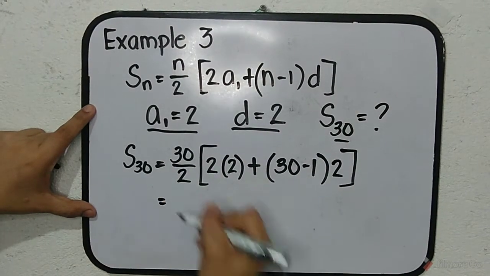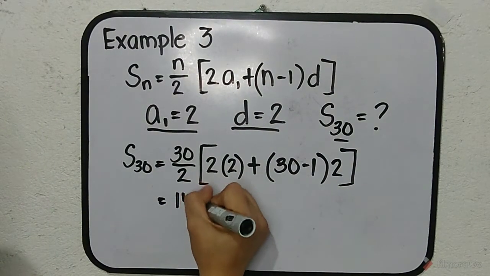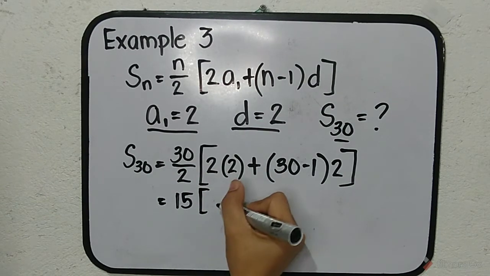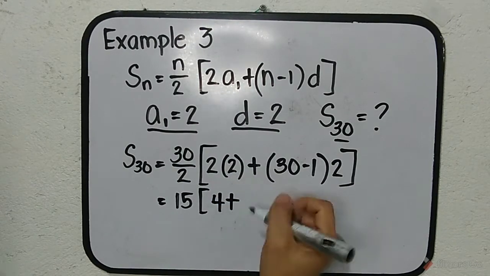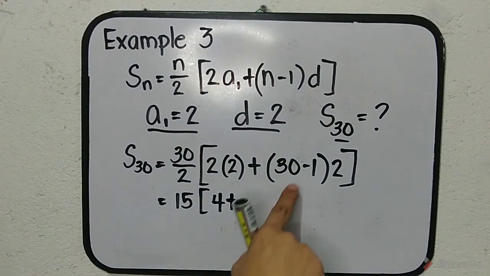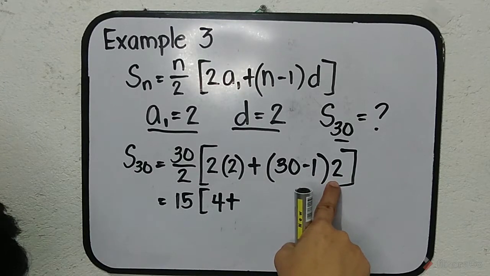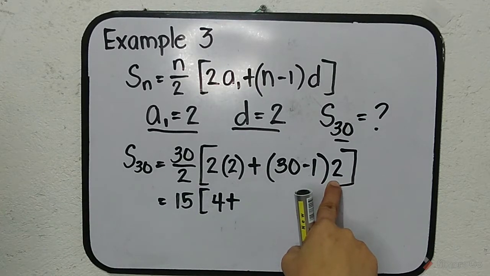So, ulitin natin sa baba. 30 divided by 2 ay 15. Next, 2 times 2. So, 2 times 2 is equal to 4 plus 30 minus 1. 30 minus 1 is equal to 29 times 2. What is 29 times 2? Okay, 29 times 2 is 58.